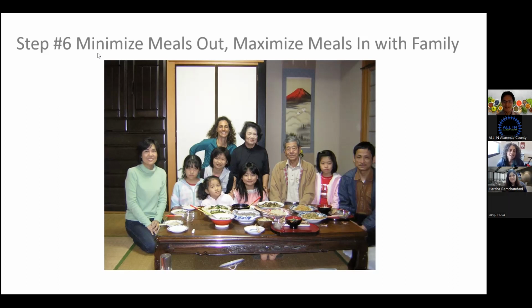And so I actually lived with this one family, and Dr. Chen knows this family as well, because Kenji, who's on the far right, was an emergency room doctor that we did our integrative medicine training with. What amazed me was that the adults all worked, the kids were all in school, they were all going in different directions.